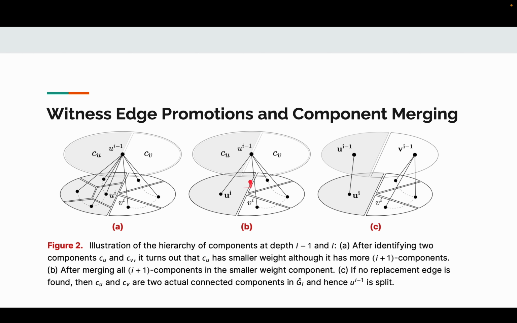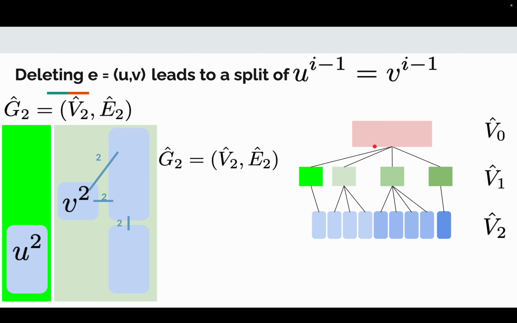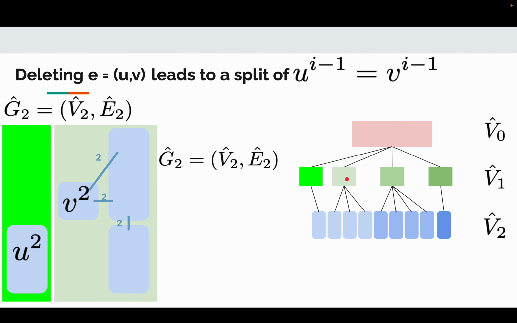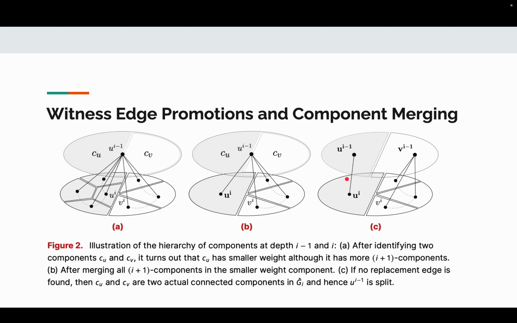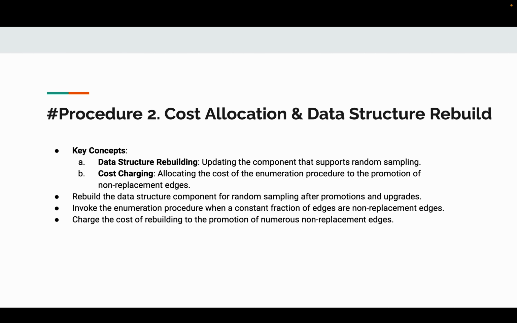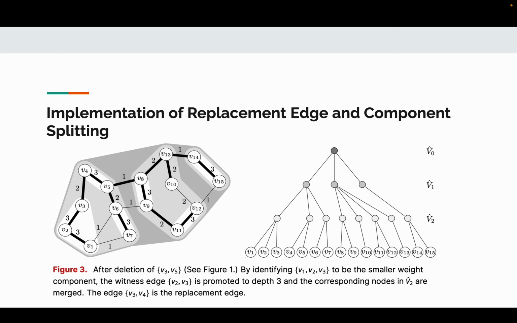So we just merge all the connected components in G_i hat. Then if no replacement edge is found, CU and CV are just two actual connected components in the light blue, and then we can just split it into two, if that is the case. I think it's better to just look at an example here.